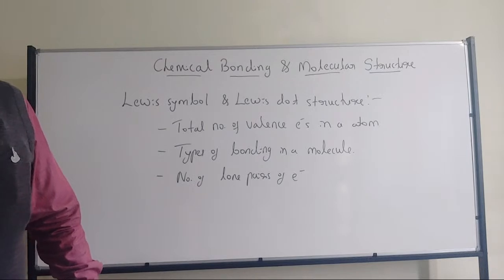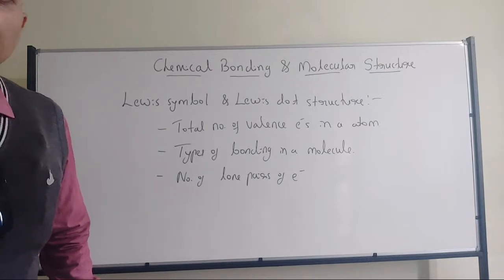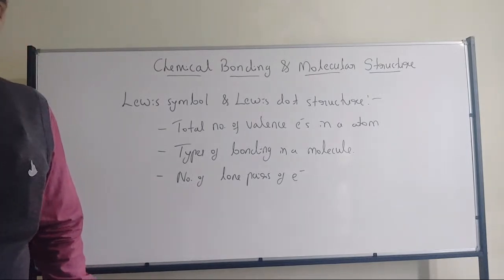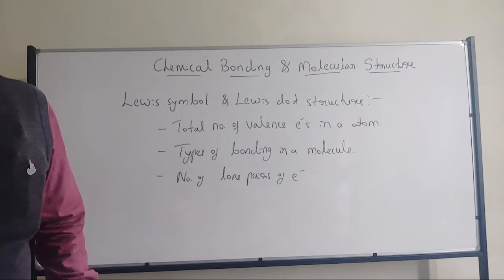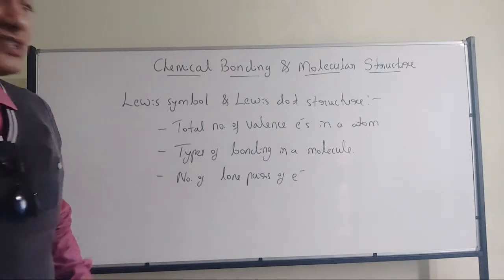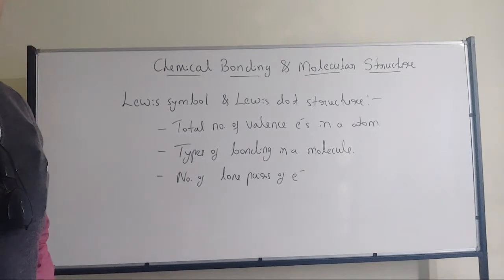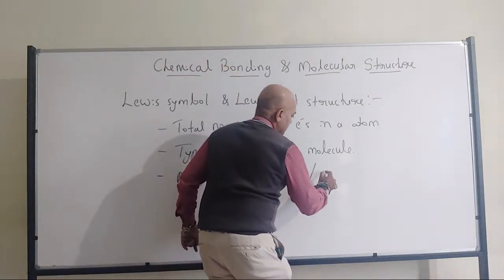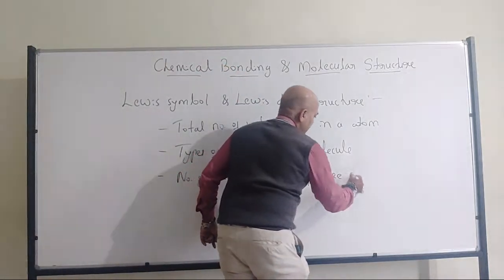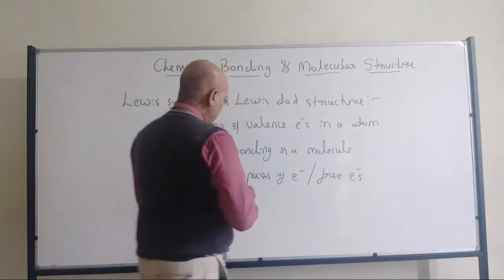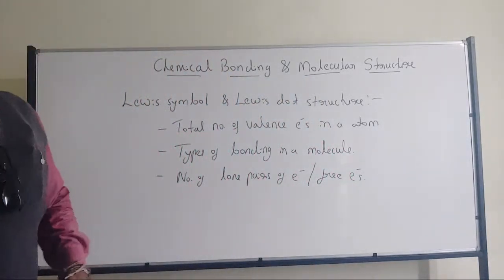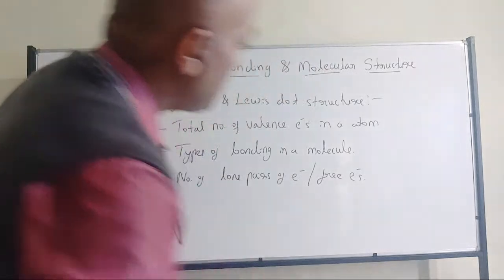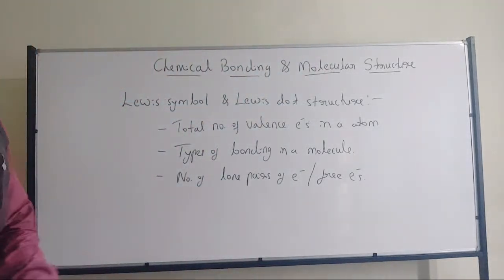It will give the number of lone pairs which will be left over after the bond formation. Or we can get the information about free electrons, which are not involved in the bonding, if at all they are left over.